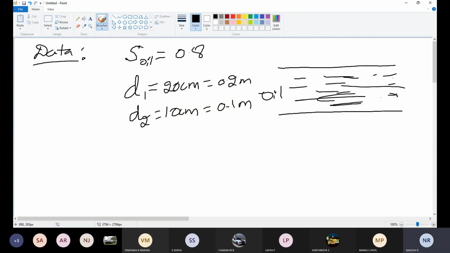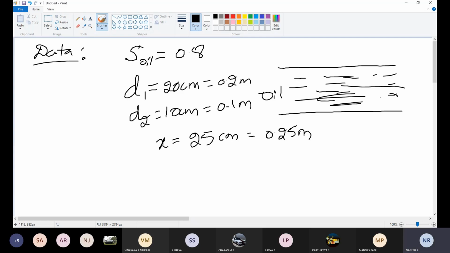The oil mercury differential manometer showing a reading of 25 centimeter. So differential manometer, it is showing a reading. If differential manometer comes, you take it as value of X, that is 25 centimeter of oil mercury differential manometer. So I can write it as 0.25 meter.